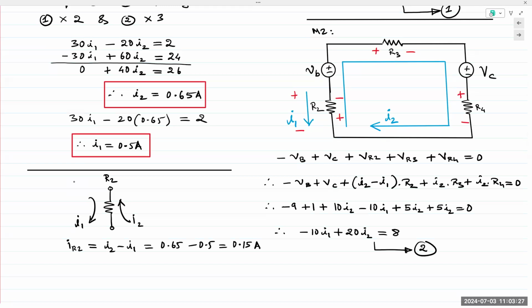And once you have the actual current flowing through the resistor, you can find the voltages across those resistors. Make sense? Right.